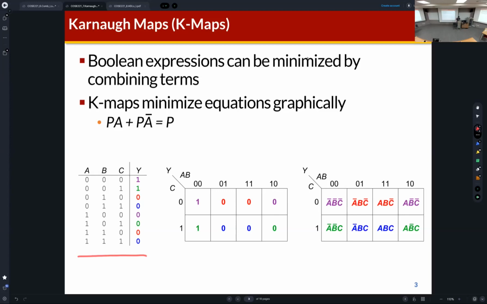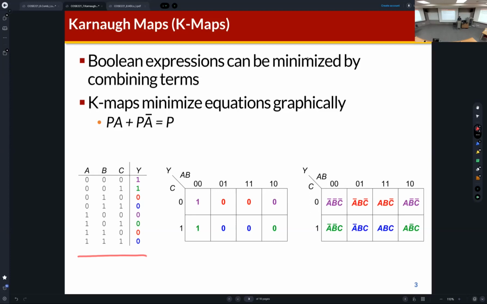But this implementation is not optimized. In order to optimize Boolean equations, we can use the axioms or theorems of Boolean algebra. But we can also use Karnaugh Maps, a graphical method for optimizing Boolean equations.